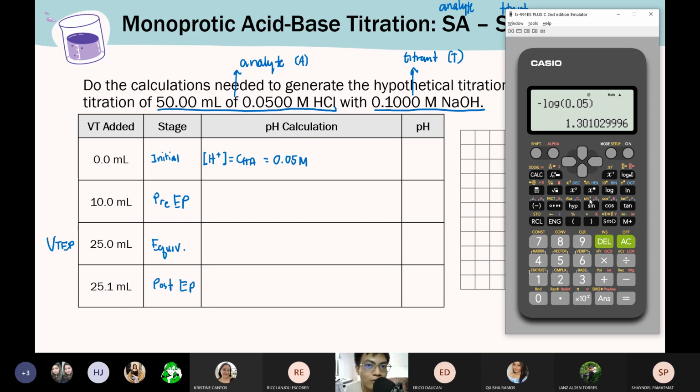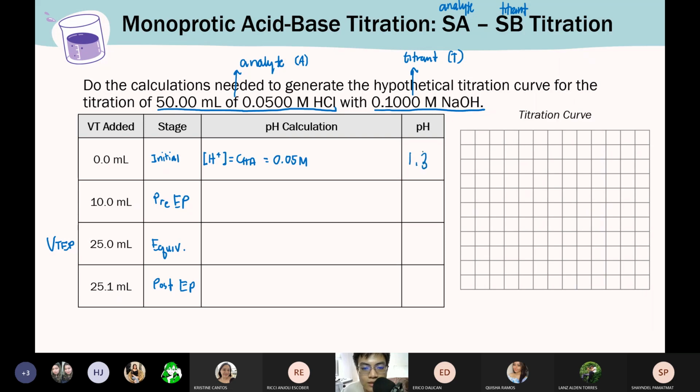Ayan ang pH mo, 1.30. By the way, 2 decimal places lang, ha? Baka mamaya kopyahin niyo lahat eh. Okay na kami sa 2 decimal places lang. So, the pH initially is 1.30. Ganun lang ka-simple.